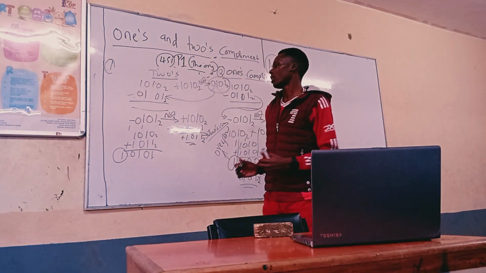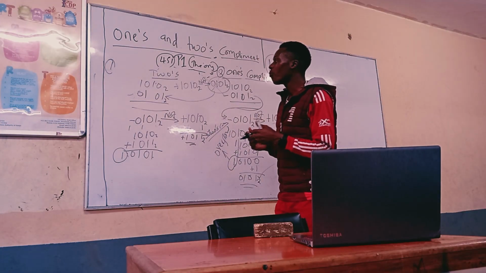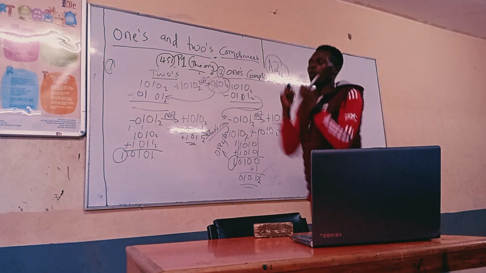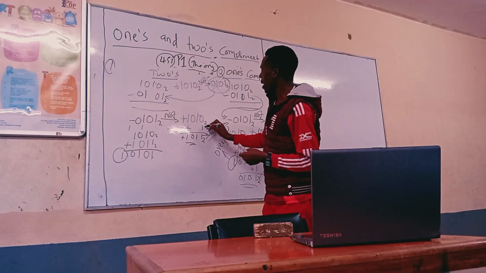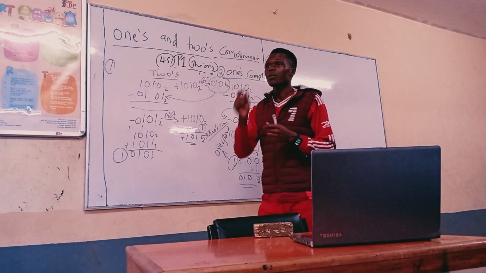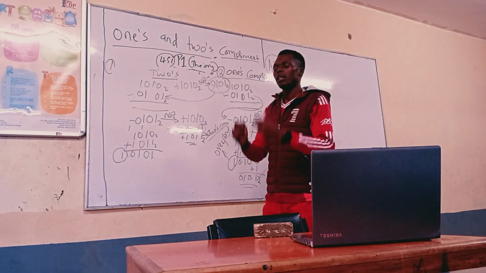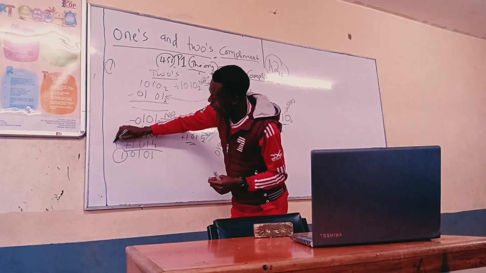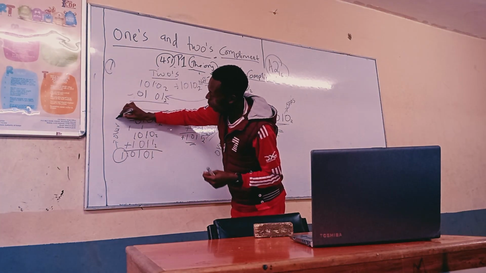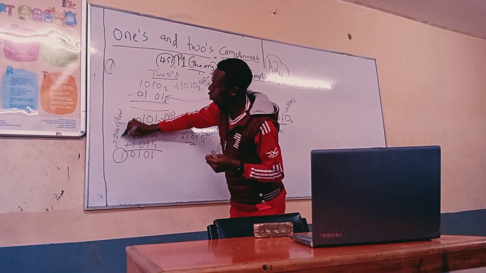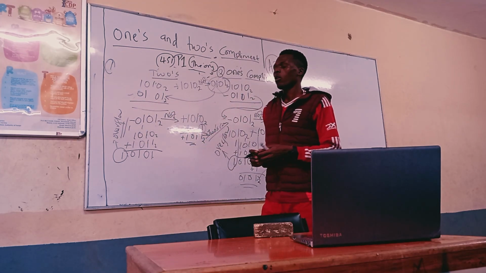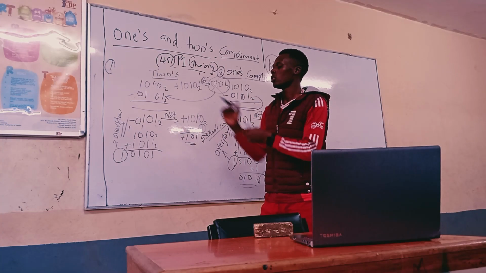In 2's complement, we ignore it. Because we added 1 earlier, and we said when you are using these formulas, there should be an overflow, this mathematical error should be there, so that you know you are on the right track.